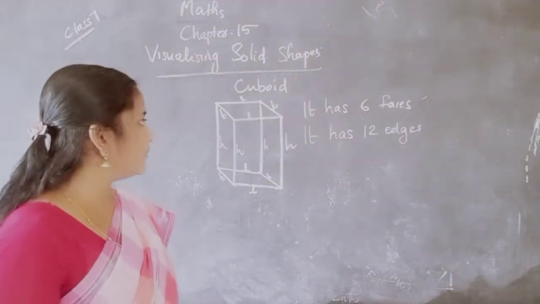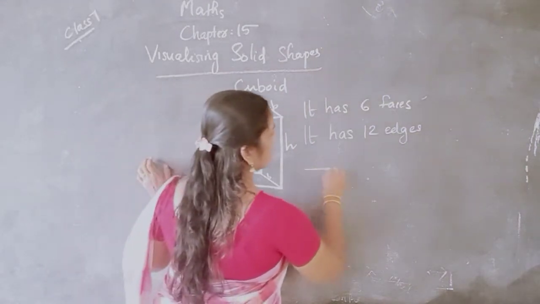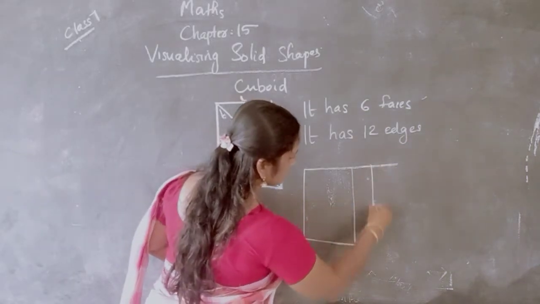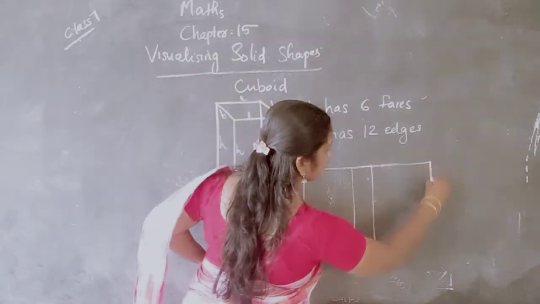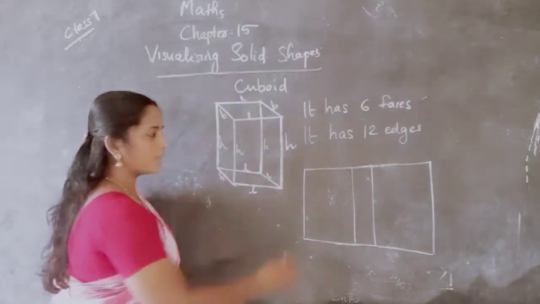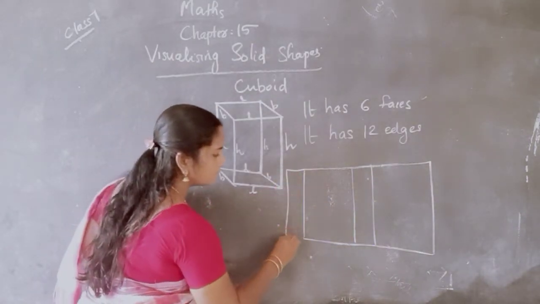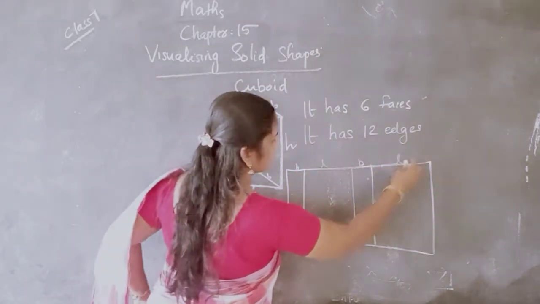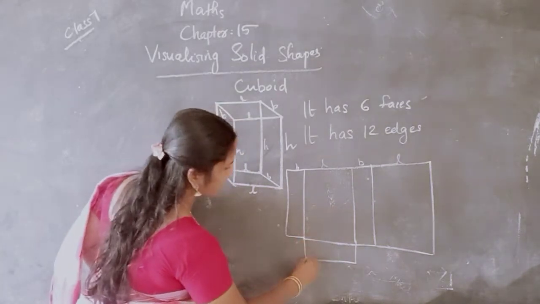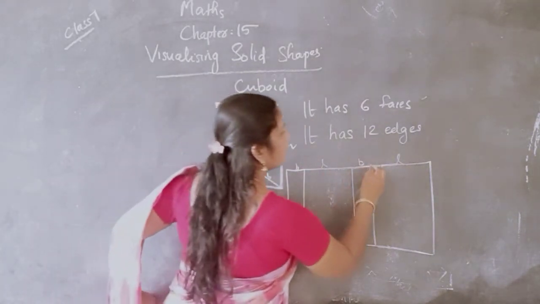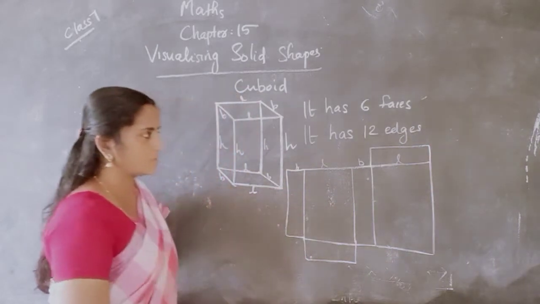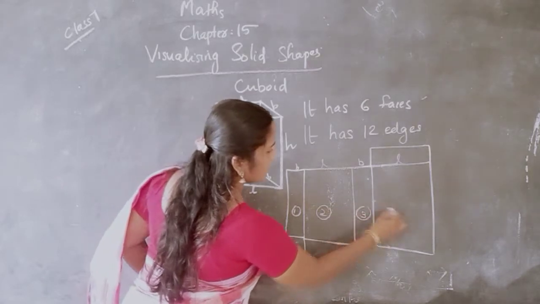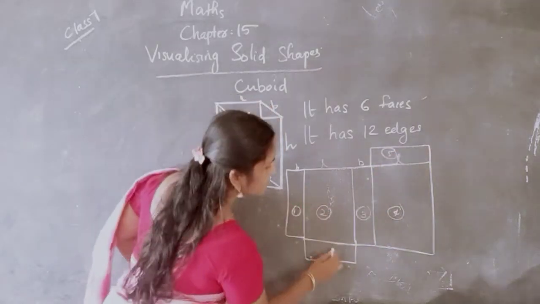So if you open this, you get a picture like this. Two smaller portions denote the breadth. This is length, and top and bottom, this one and this one, if you open, you get like this. That is 1, 2, 3, 4, 5, 6.